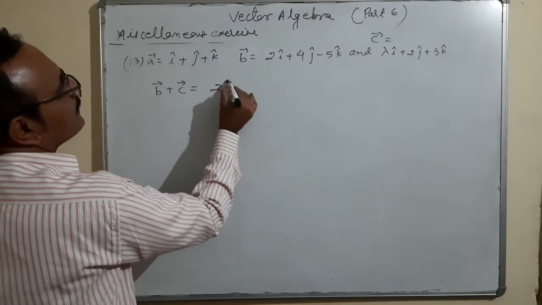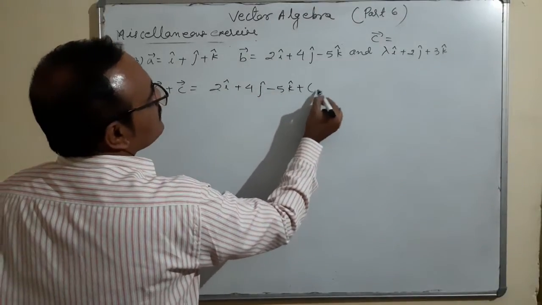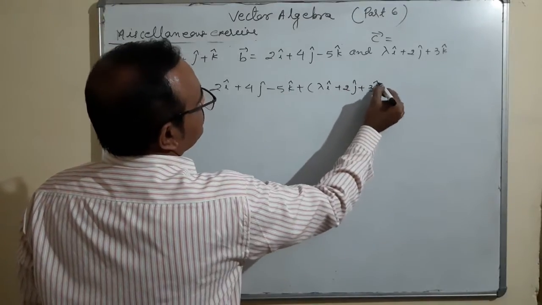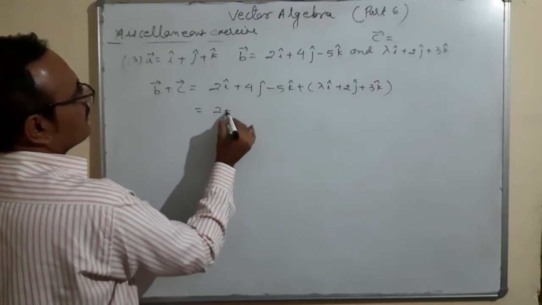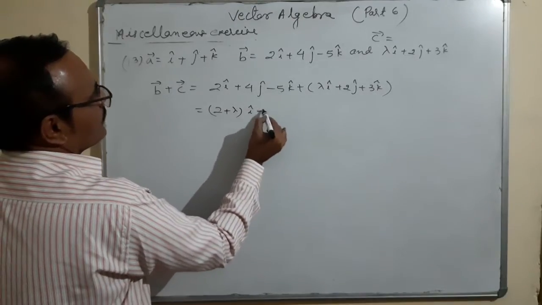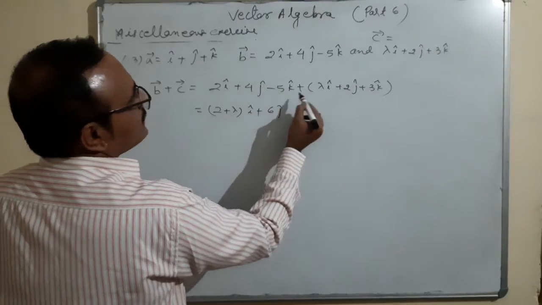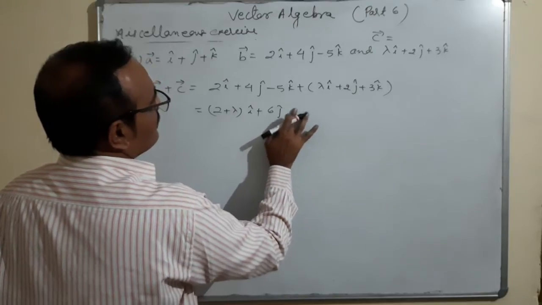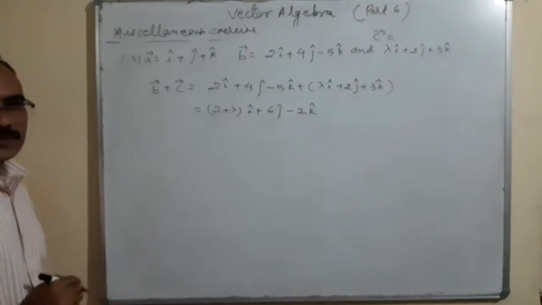This is 2i plus 4j minus 5k plus lambda i plus 2j plus 3k. Scalar components: 2 plus lambda i, with j, 4 plus 2 it is 6j, minus 5 and plus 3 it is minus 2k. Okay, this is the sum.